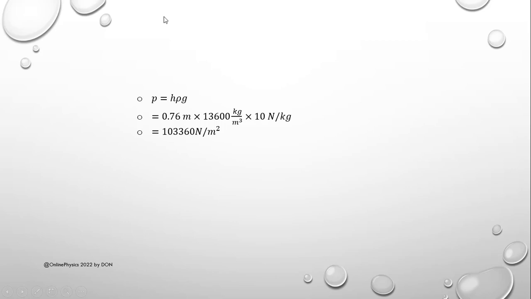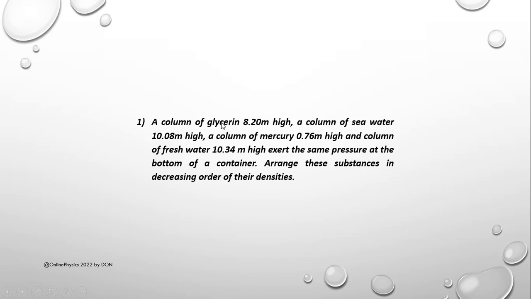Then you've seen the fluid pressure formula, whereby we've derived that pressure is equal to the height times the density of the liquid times g. And we have used that formula in doing our calculations.